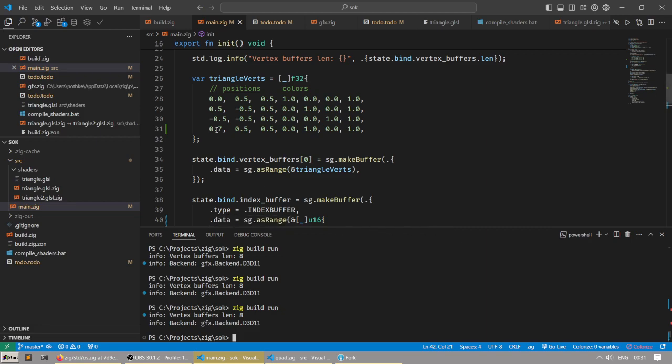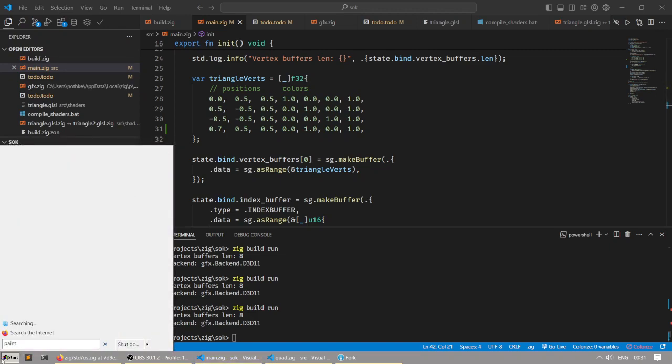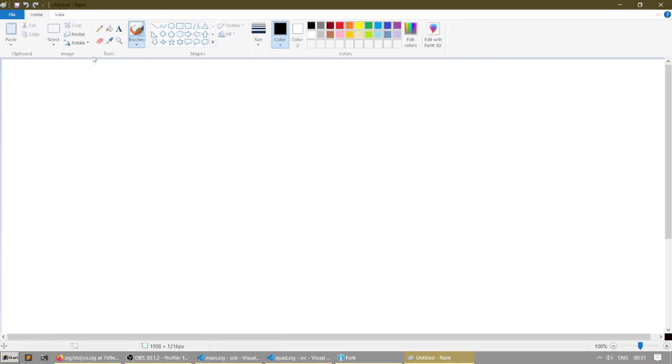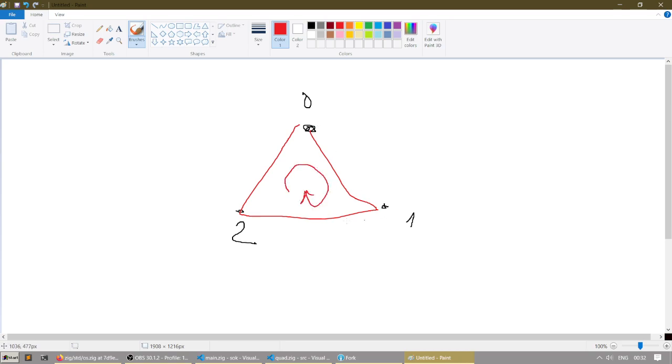Okay, so what we want to do is we want to connect this vertex. Should I paint? Of course I should paint. Yeah, so we have index 0, index 1, and index 2, right? And right now we are drawing a triangle like this, and it's drawn in a clockwise fashion, right? 0, 1, 2.